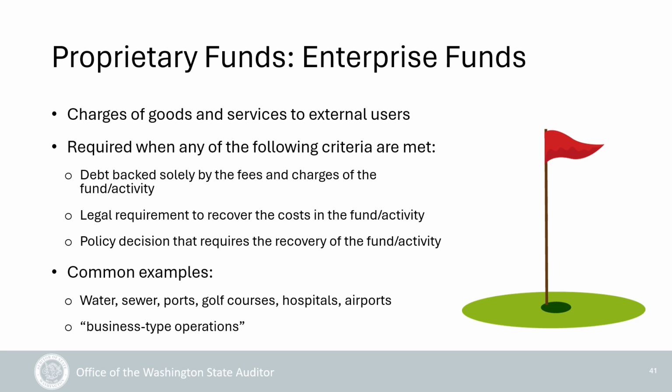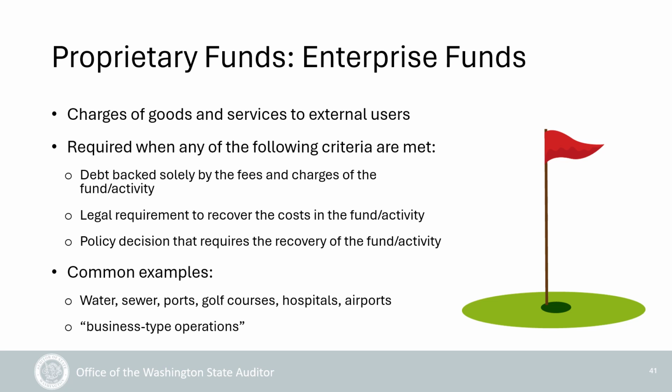What does that mean? If you issue debt and the debt issuance paperwork says that the debt repayments can only come from the charges for services for a specific activity, that activity must be reported in a proprietary fund.